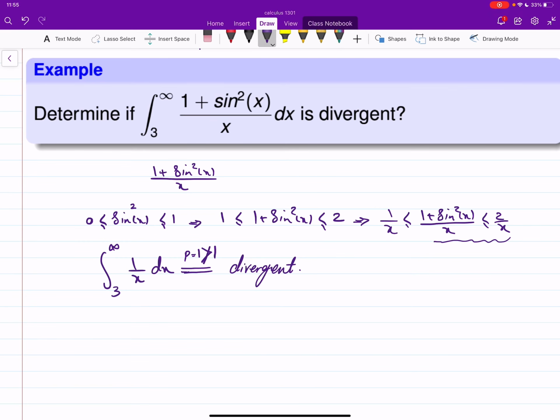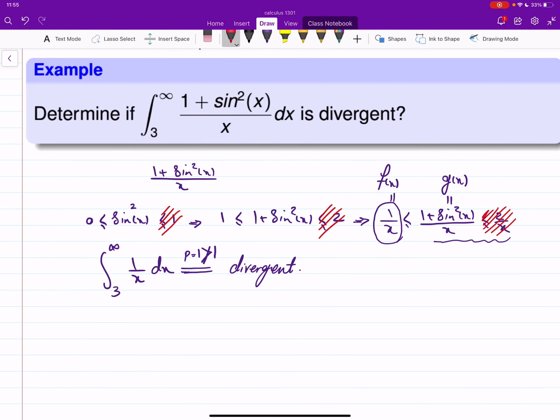Since it is divergent, we must take the one which is less than our integral, so that we can apply the comparison test and push the upper one to infinity. So this is going to be my lower function, and that is going to be the upper function. And you can ignore the other side of this inequality actually.